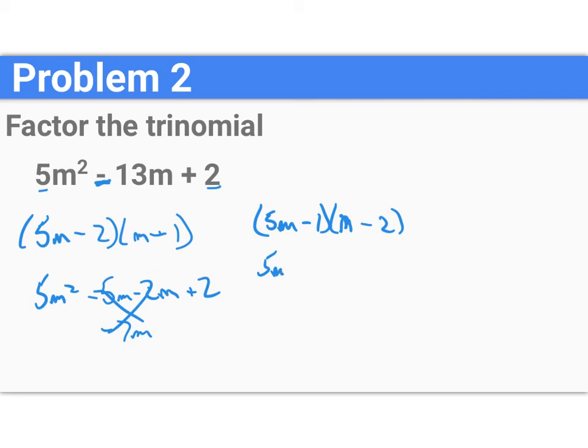You get 5m squared. The outers is minus 10m. The inners is minus 1m and plus 2. I get 5m squared minus 11m plus 2. That does not give me 13.